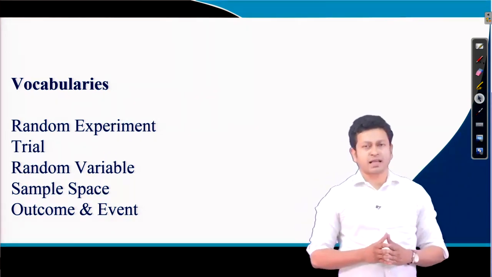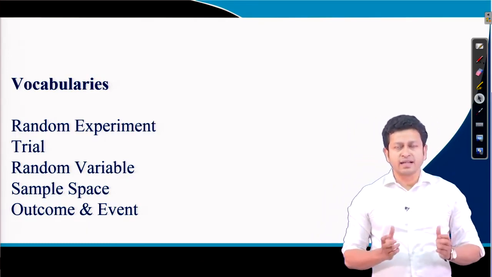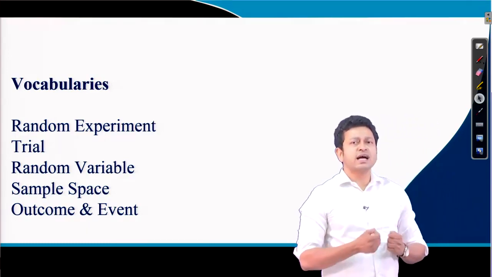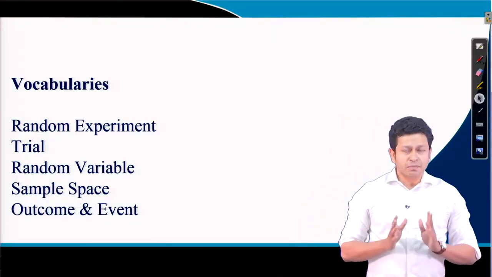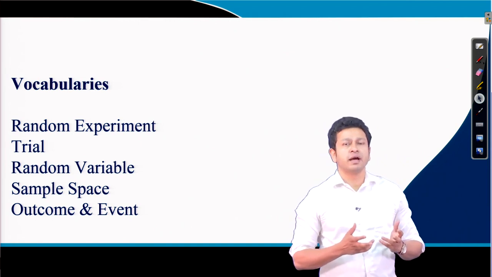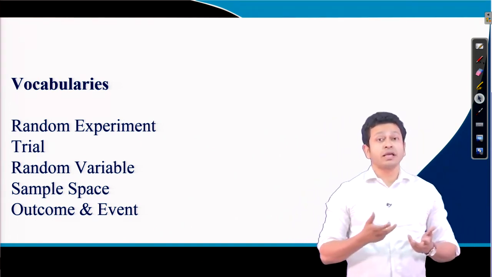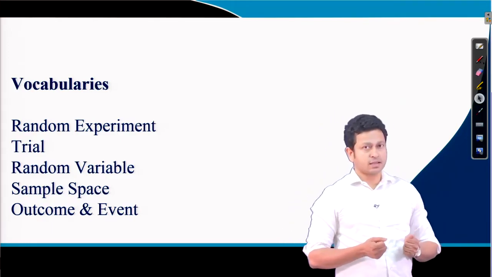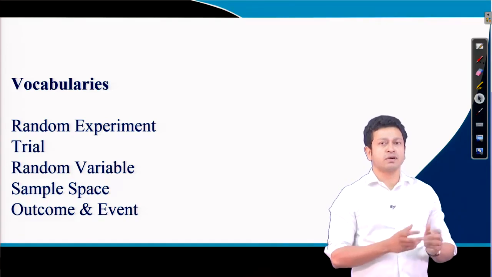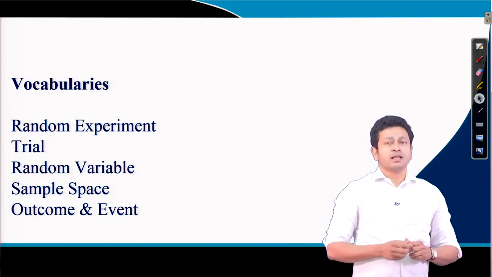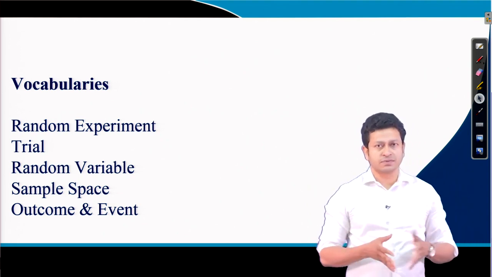So, let us say the first term is random experiment. What is random actually? This is a term that we will often come across. When we say random, it means there is a chance involved. That is all it means, there is a chance factor involved. Sometimes people get confused by random, they feel that the chances are equal or equiprobable, but that is not correct. Whenever any kind of chance or uncertainty is involved, we call it random. Now, what is an experiment in econometrics or statistics for that matter?